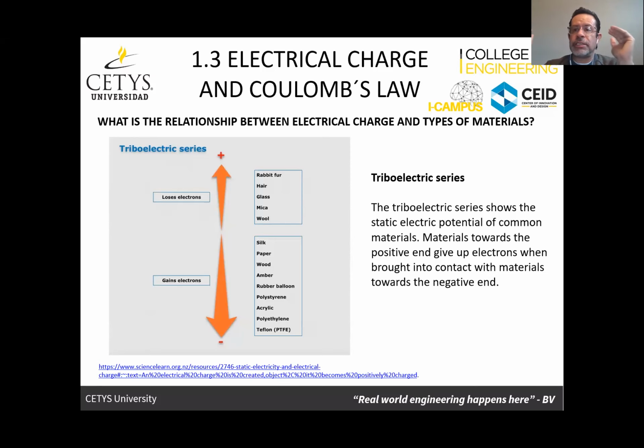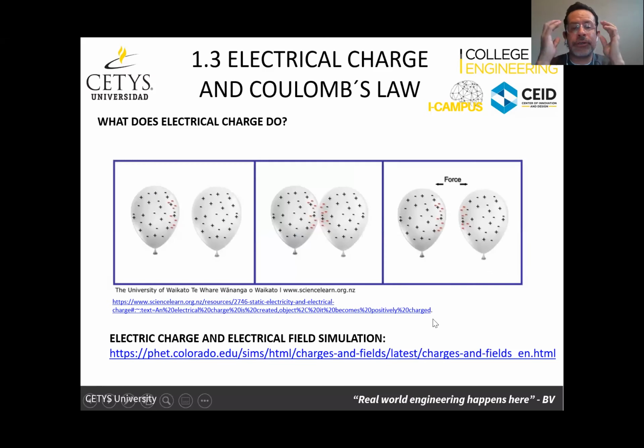depending on the electrical charges, there are going to be forces that are generated. And these forces are going to depend on different factors. They're going to depend on the sign of the charges of each of the objects.